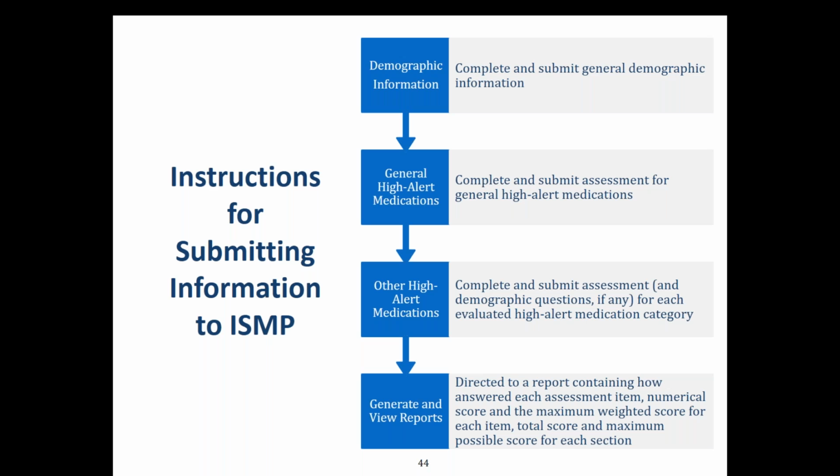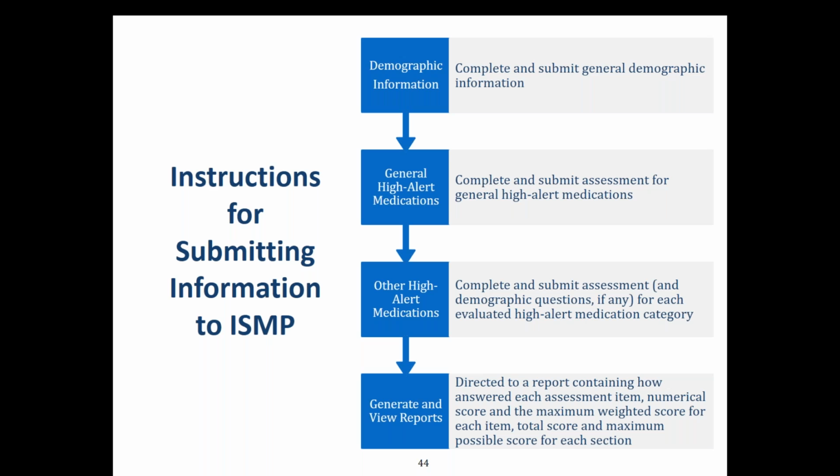Once your facility has submitted those, then you'll be directed to the general HiLERT medication self-assessment items. And then once those have been submitted, that's when your facility will have access to all 11 of the HiLERT medication categories. And at that point, you can start, stop, submit those categories in any order that you would like.